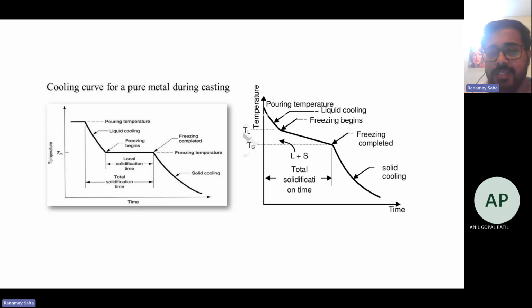So this temperature gradient becomes the root of the difference in metal and alloy behavior. That's the major difference you should know.